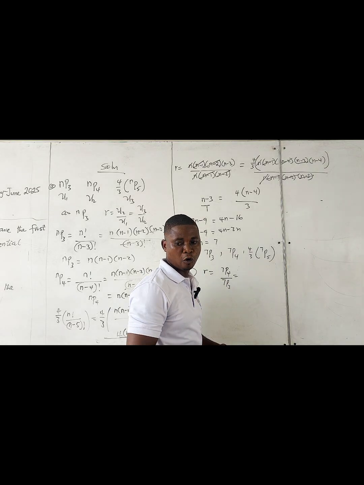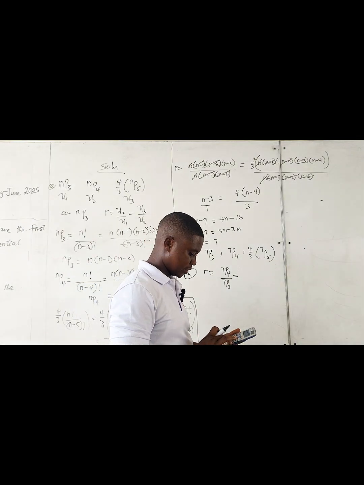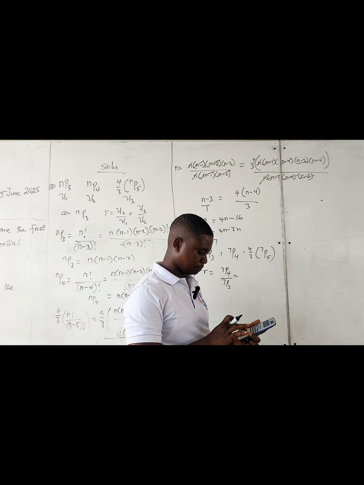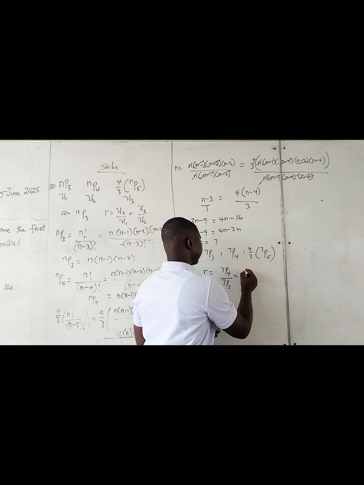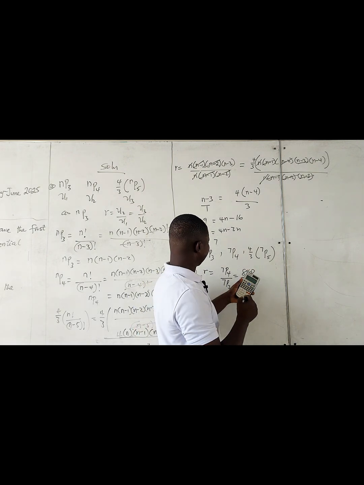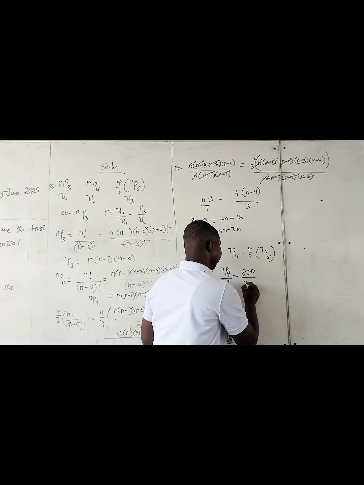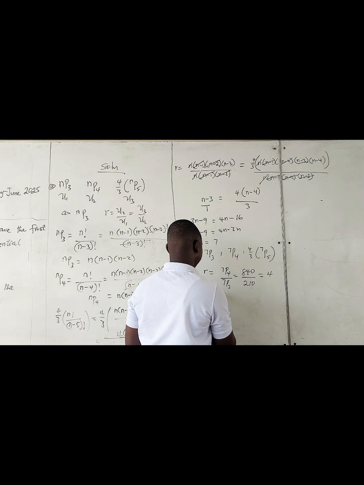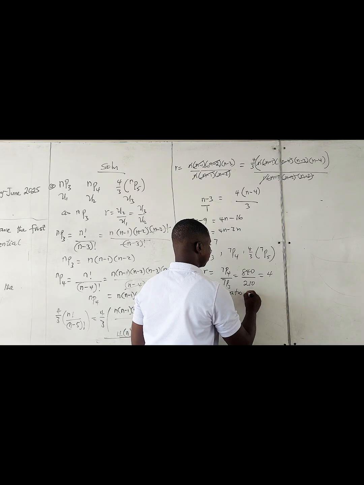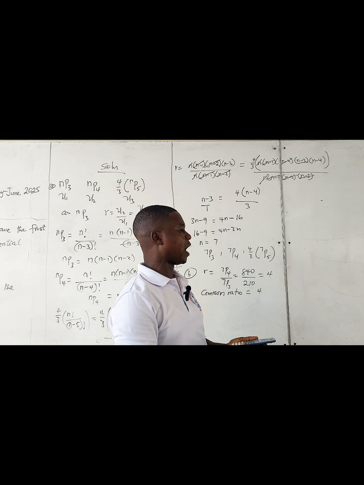And 7 permutation 4 is 840 over 7 permutation 3 is 210. And this one will give you 4. Therefore, our common ratio is equal to 4. So we know our r to be 4.